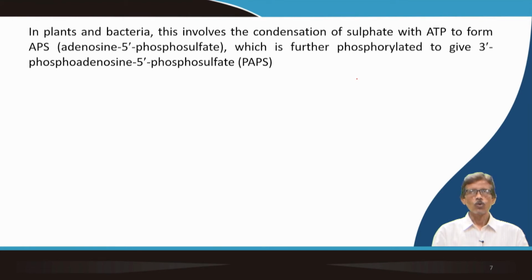So, when it is attaching sulfate with ATP, it forms APS, adenosine 5 prime phosphosulfate, which can further be phosphorylated to give 3 prime phosphoadenosine 5 prime phosphosulfate. Do not worry about the big name and all these things, because you already know about the ATP, ADP and AMP molecules.